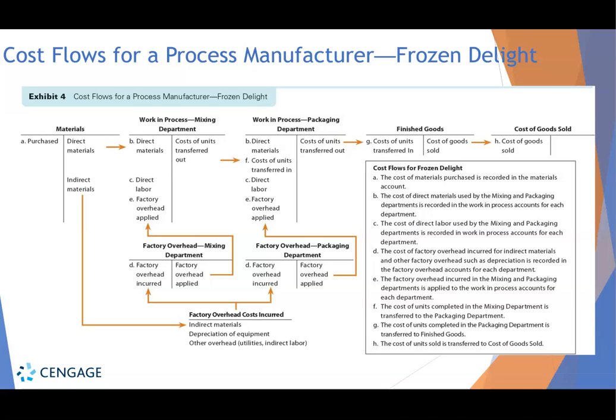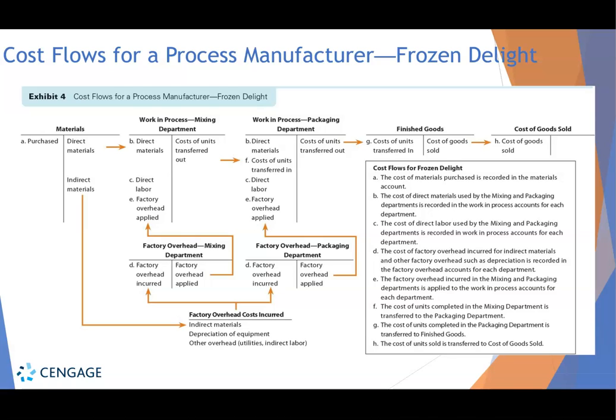Now, each work in process account gets debited for direct materials, direct labor, and the applied factory overhead. Also, the work in process account for the packaging department is debited for the cost of the units transferred in from the mixing department. So each work in process account is credited for the cost of the units transferred to the next department.